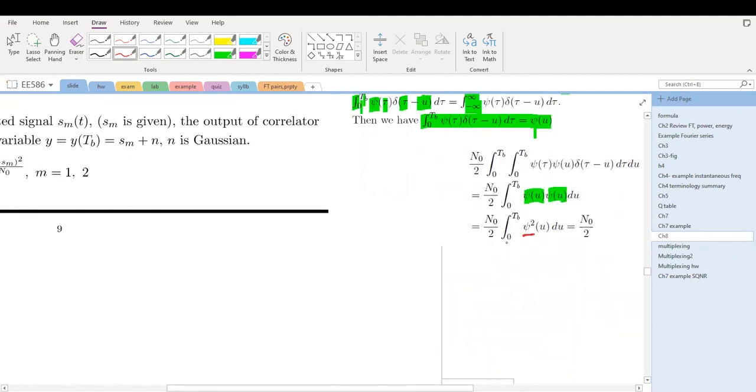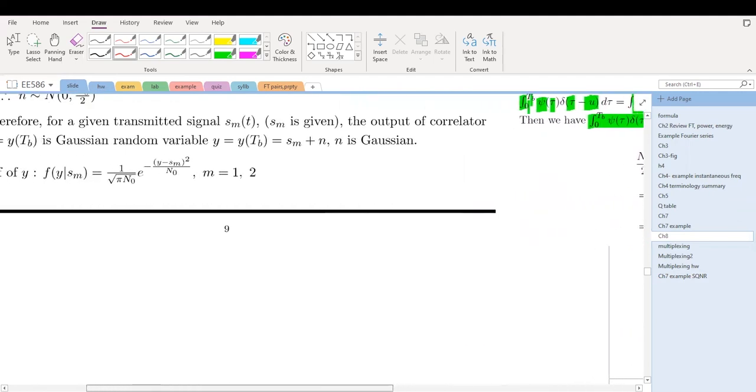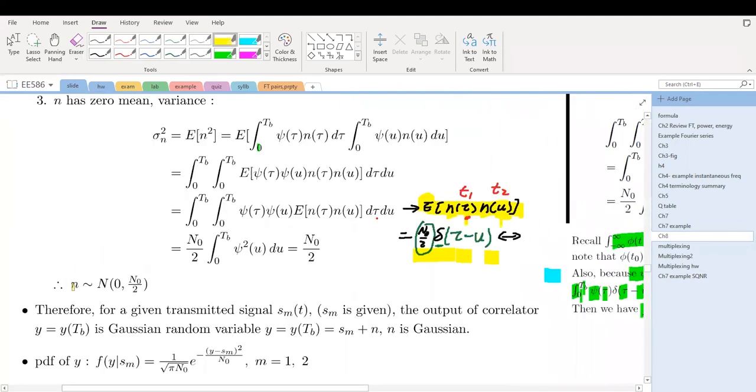And psi u squared, if we do the integral, is unit energy for the base function. So therefore, the variance of the noise is N naught divided by 2. After all of this derivation, we conclude that this n, the noise at the receiver at time instant Tb, is Gaussian with zero mean and variance N naught divided by 2.